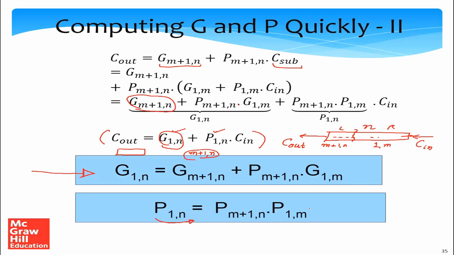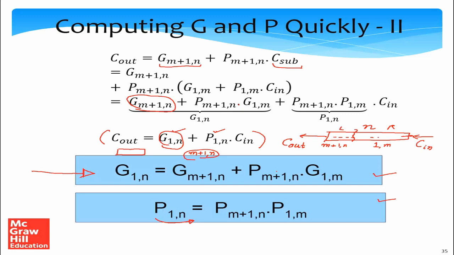The problem that we wanted to solve is that given an n bit block, can we represent its generate and propagate functions in terms of the generate and propagate functions of the different subblocks, the left one and the right one. We were able to do that, and these are the two equations to do that.